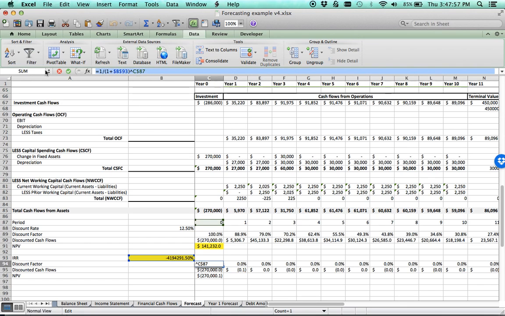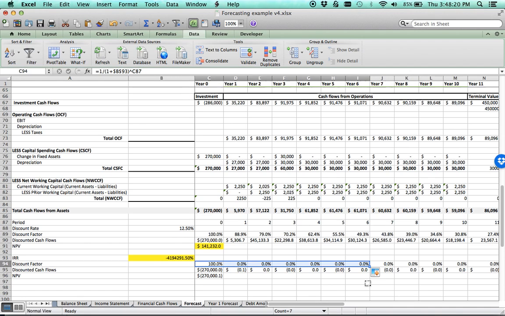Let me just recreate this. Equals 1 divided by 1 plus this discount rate. Dollar. That way there's no question. Raised to the appropriate power. That becomes our discount factor. So should be able to apply that over.